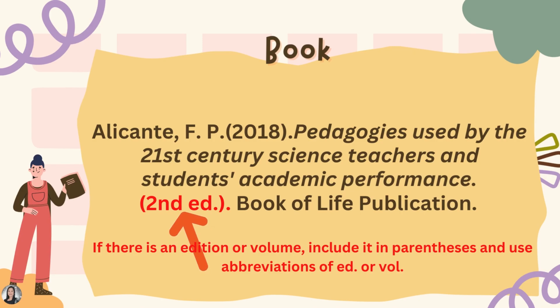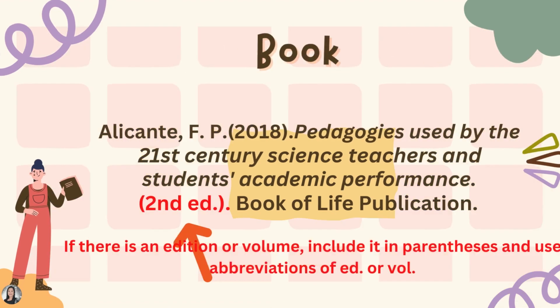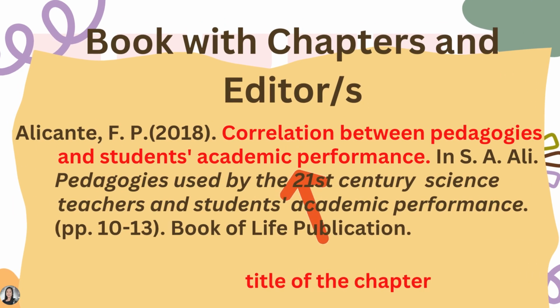If there is an edition or volume in the book, include it in parentheses and use abbreviations of ED period for edition or VOL for volume just right after the title of the book. For book with chapters and editors, write the title of the chapter immediately after the date. Just like in our example, our chapter title is Correlation Between Pedagogies and Students' Academic Performance.